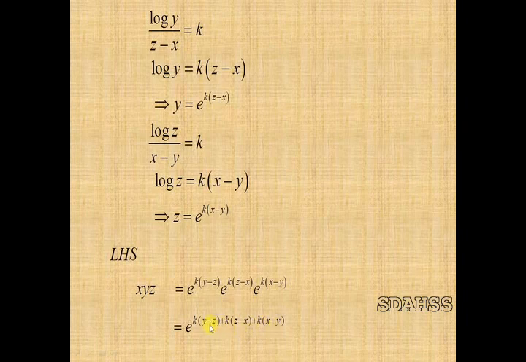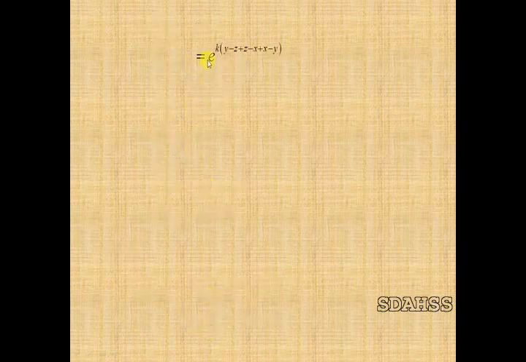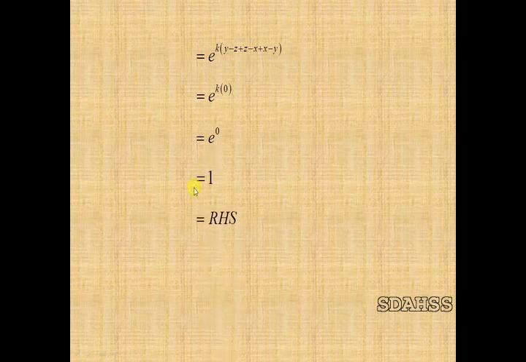Then the k is common, so take it outside. So you have e power k into y minus z plus z minus x plus x minus y. Plus y minus y cancel, z minus z cancel, minus x plus x cancel. So remaining you have e power k into 0. K into 0 is 0, e power 0. E power 0 value is 1, which is equal to RHS.